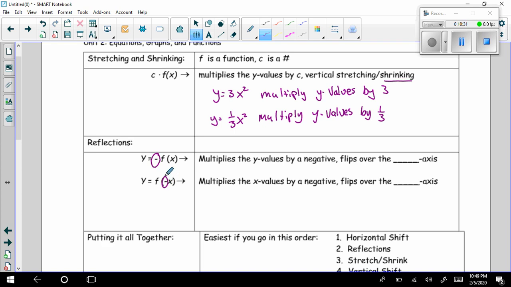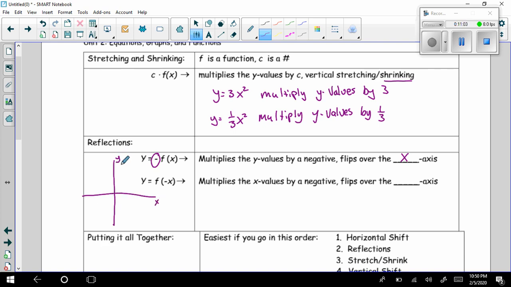Negative signs are something else we talked about. Again, you have to pay careful attention. If a negative sign is on the outside, we're multiplying the y value by negative, and we're going to flip that over the x-axis, whereas if it is grouped with the x, so your negative sign is inside with the x value, we're changing our x values from positive to negative.